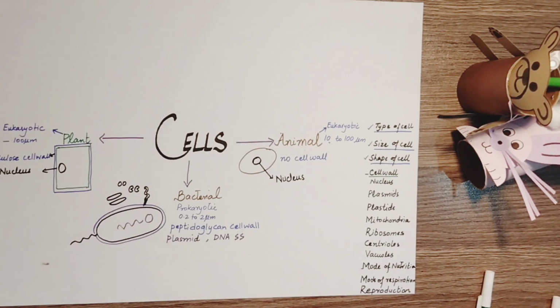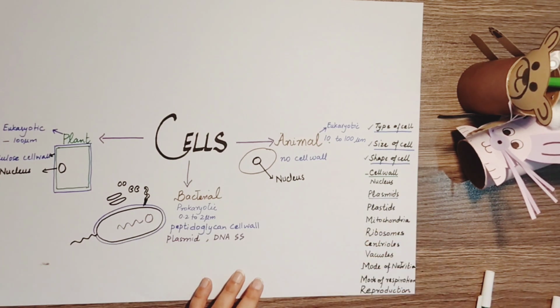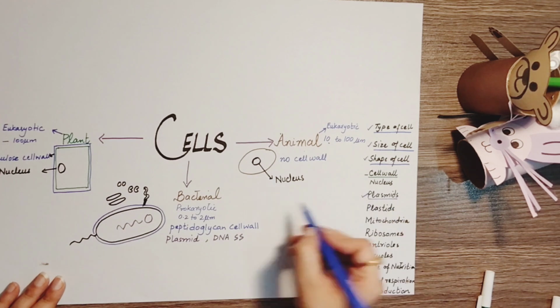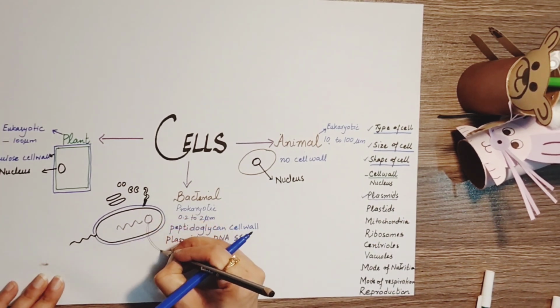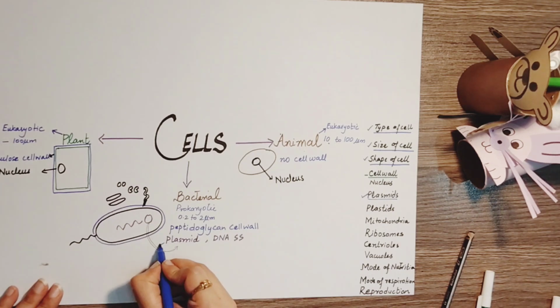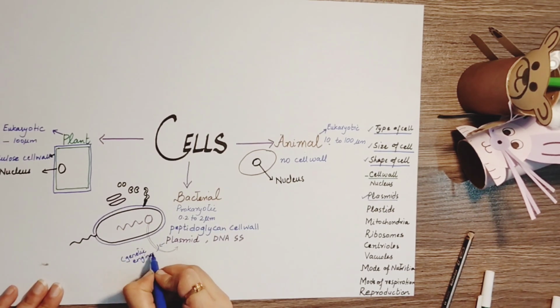The plasmid is used for genetic engineering, and we will discuss it in the later chapters. So the plasmid is very important in our genetic engineering and biotechnology. Okay, so let's talk about the next thing, that is going to be plastids.